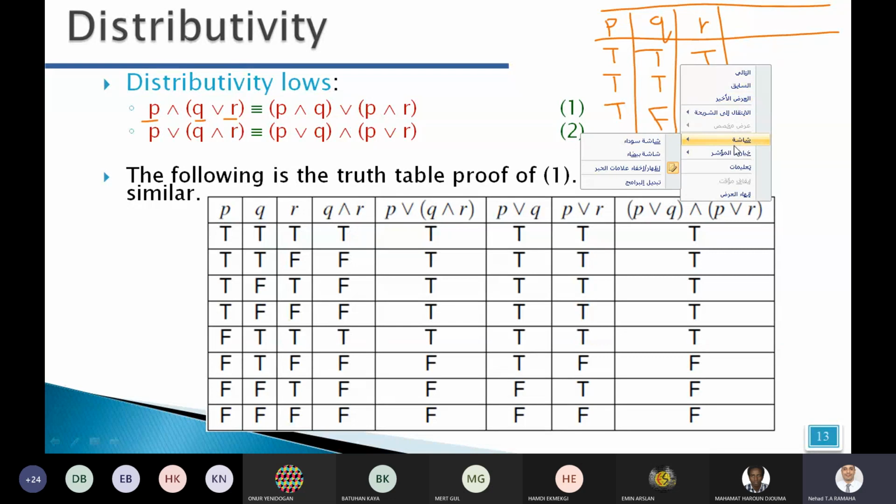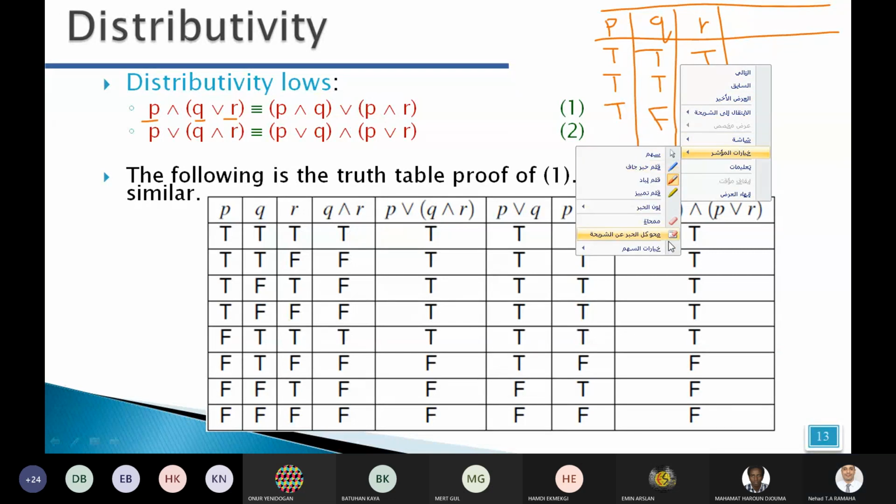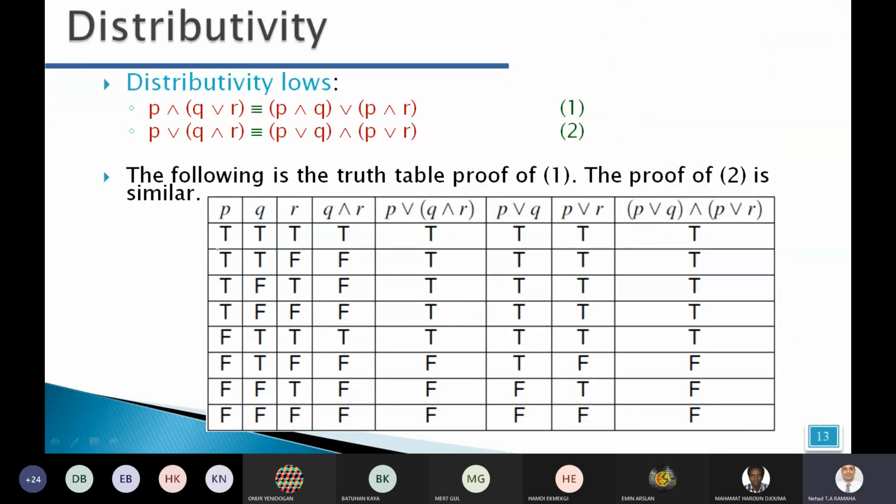To make it much easier for you, if you have 3 propositions, it will be 8 possibilities. If you have 2 propositions and you have true and false, this means 2, then you have 4 possibilities.